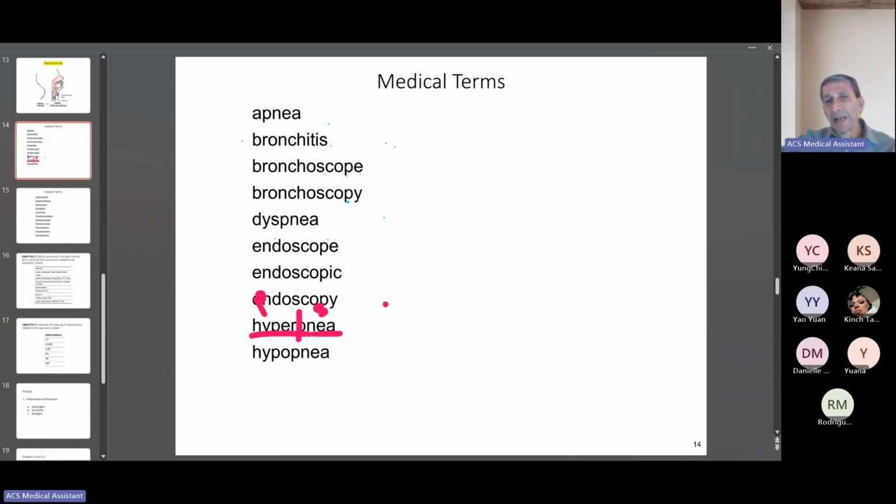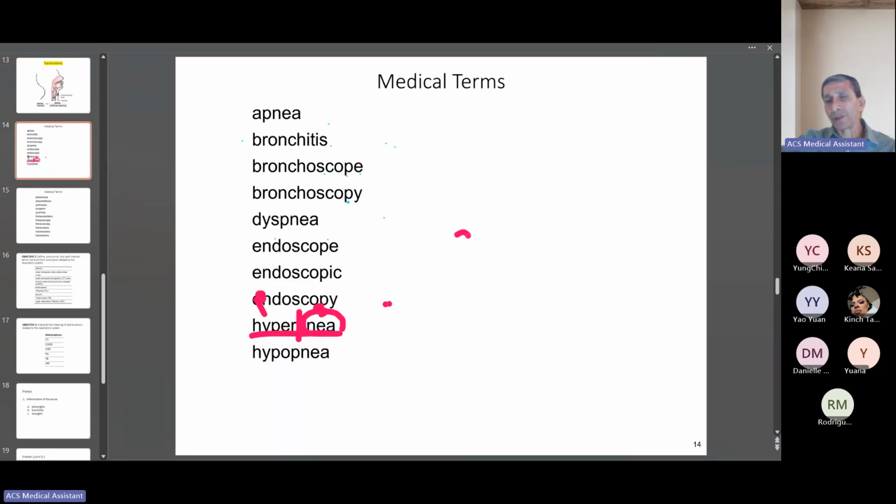So here is hyper. We know that hyper means above normal limits. So this person is breathing too fast. To remember that, we have to breathe at certain levels. For those who were in my class, we went over respiration rate.